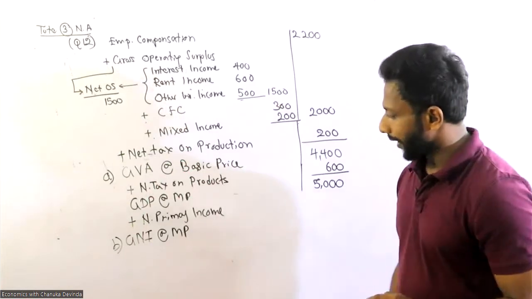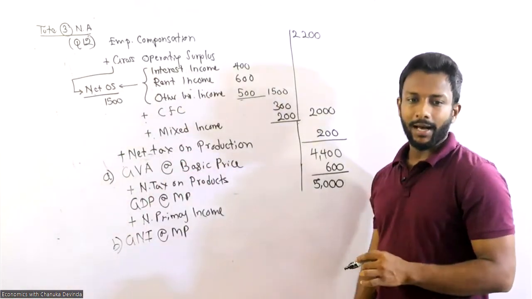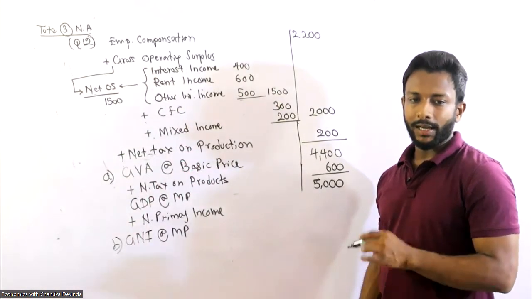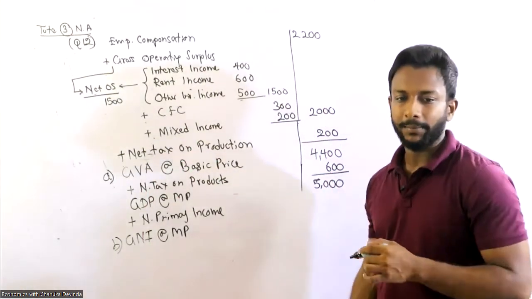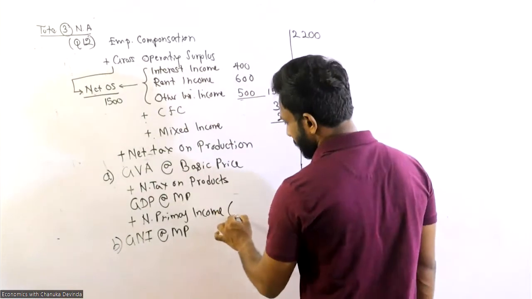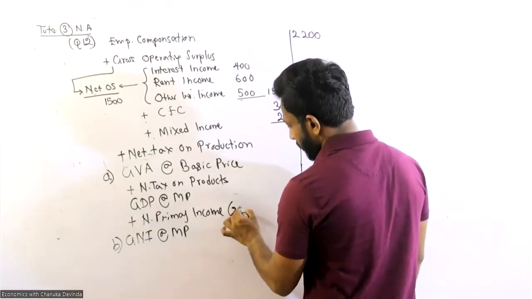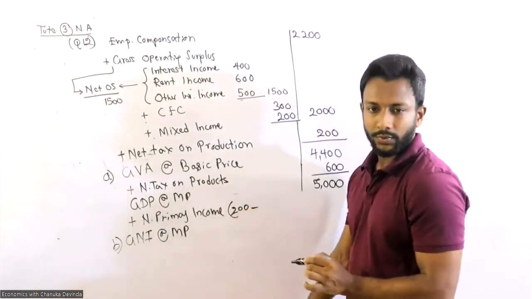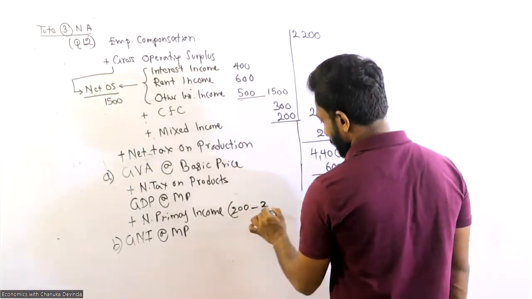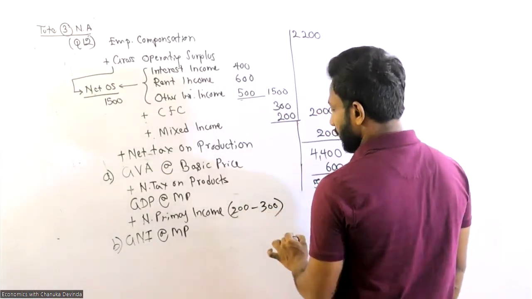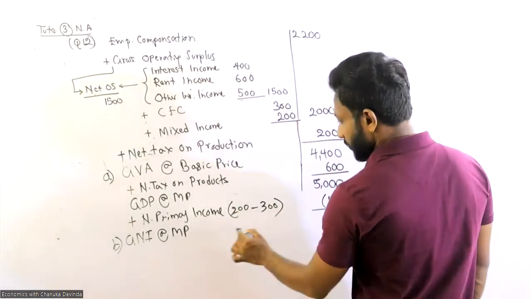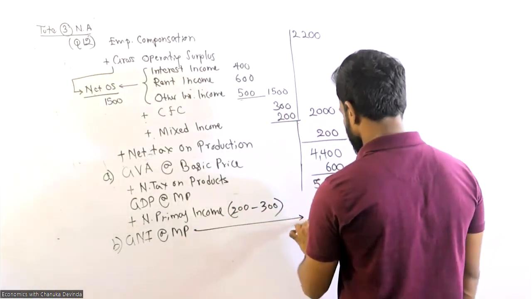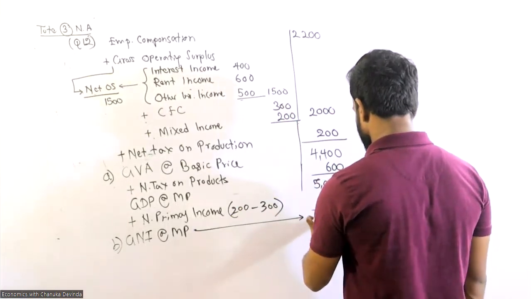How to calculate net primary income? Here on last three elements there was primary income, receipt and payment. So here primary income receipt is 200, payment is 300. 200 minus 300, it is minus 100. So GNI at market price equal 4,900.